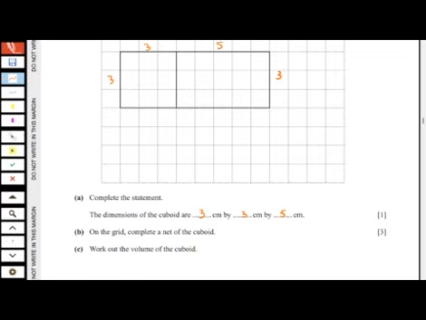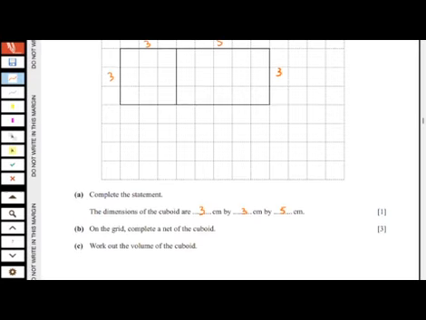Part B, on a grid. This is the grid. We have to complete the net of a cuboid. First, I draw a cuboid.